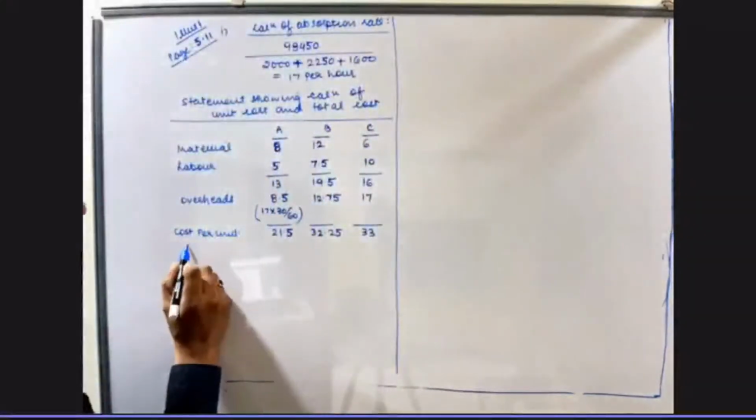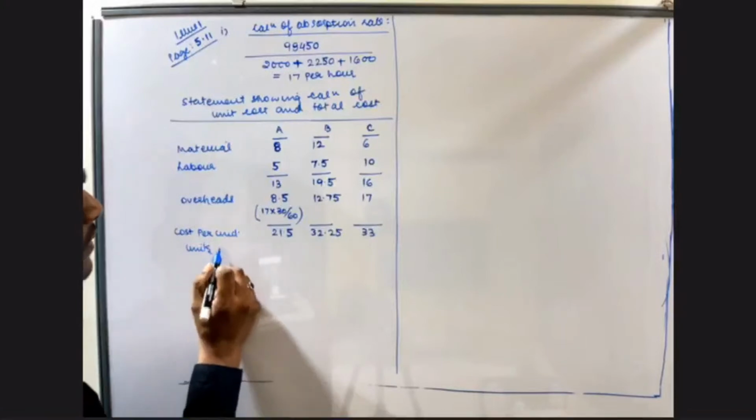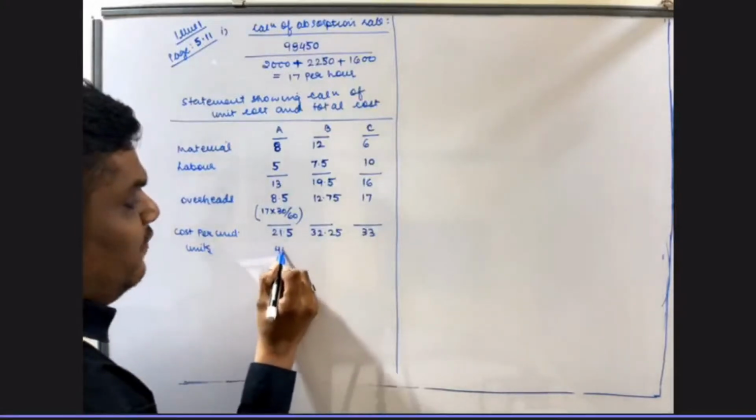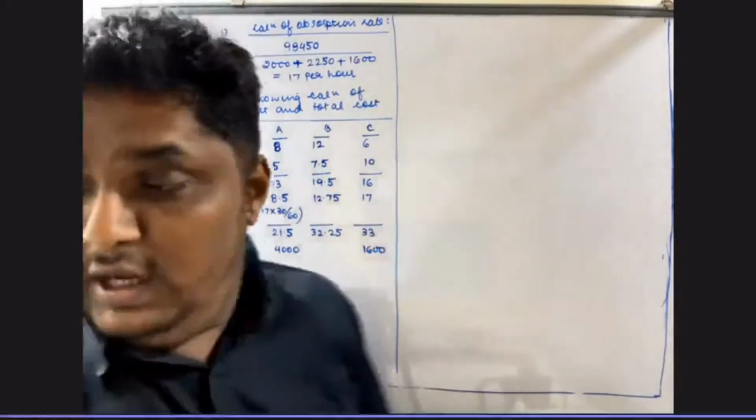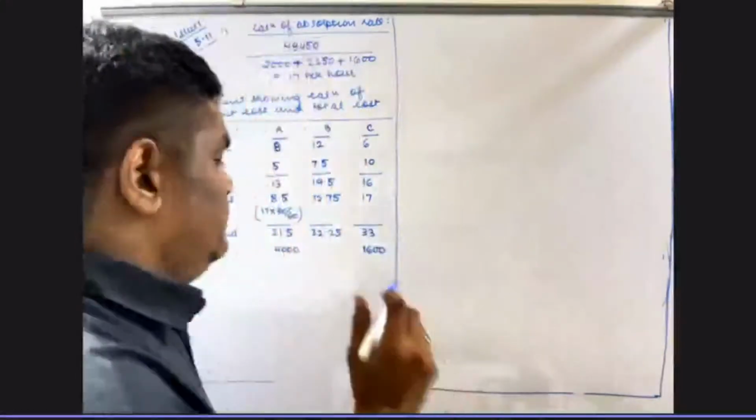Now, when talking about the units manufactured, for A it is 4,000, for C it is 1,600, and for B the units are 3,000.